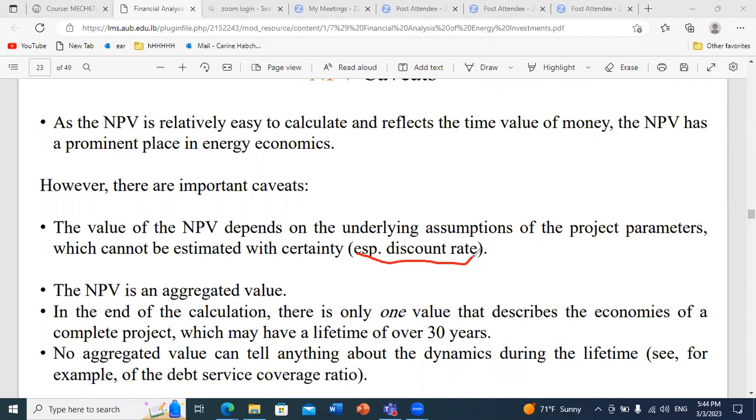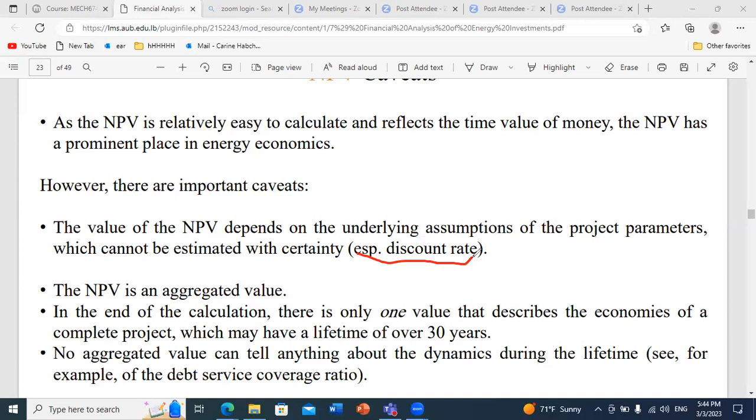Plus, the NPV is an aggregated value. It will calculate for you the net present value after a certain period of operation of your project. So it represents one aggregated value. In the end of the calculation, there is only one value that describes the economics of a complete project, which may have a lifetime over 30 years.